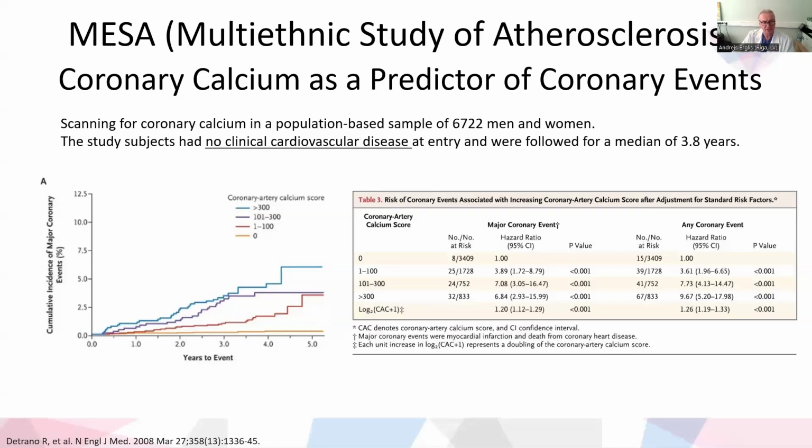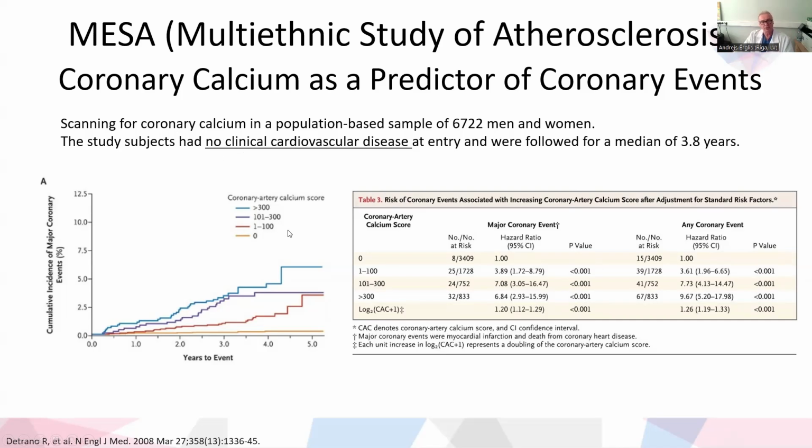It's not a new study, it is quite old, but it's very interesting. This is the MESA study, the Multi-Ethnic Study of Atherosclerosis, on coronary calcium as a predictor of coronary artery events. At that time these were the first discussions, and these are asymptomatic patients.